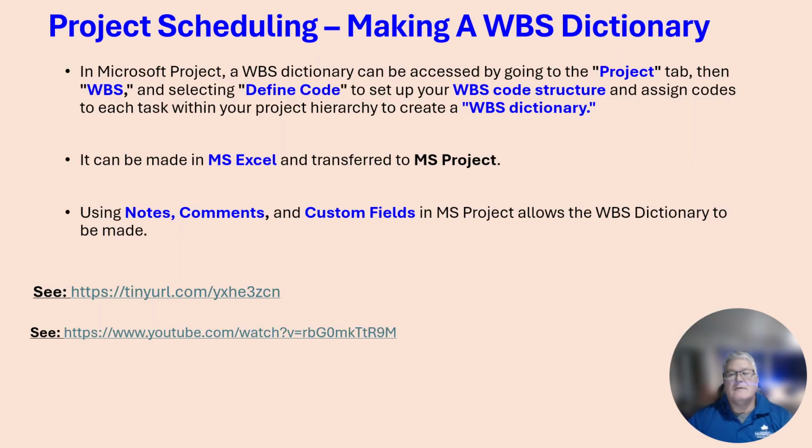So, project scheduling, making a work breakdown structure dictionary. In MS Project, a work breakdown structure dictionary can be accessed by going to the Project tab, then WBS, and then define code. Kind of weird terminology for it, but that's the terminology that you use. And then you can put the specifics in there.